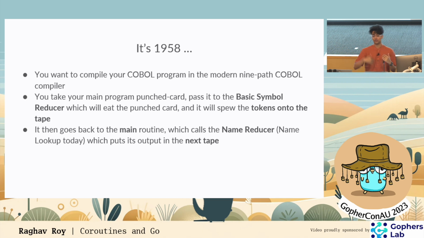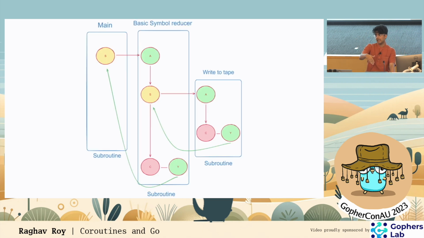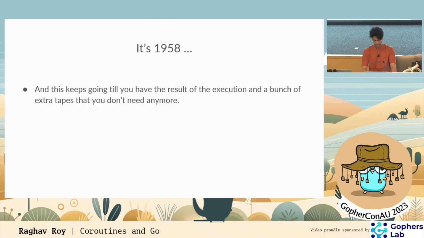Your main program calls your name reducer, or your name lookup, like what it's called today, which outputs its own tapes, and then control is yielded back to your main program, which calls the basic symbol reducer, and so on and so forth. So like our subroutine diagram, it's essentially what it will look like. You have your main function calling a symbol reducer, it writes onto the tape, yields back control, and so on.